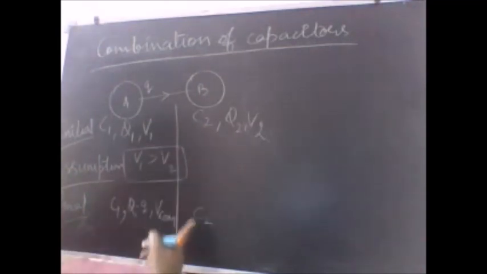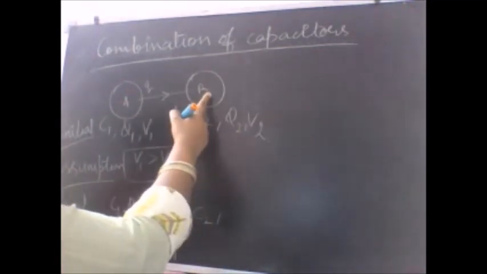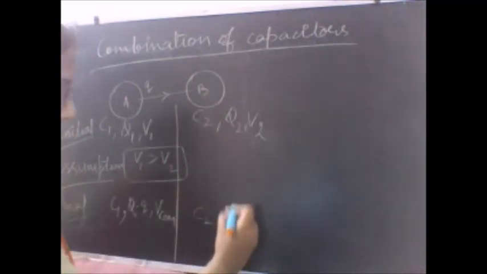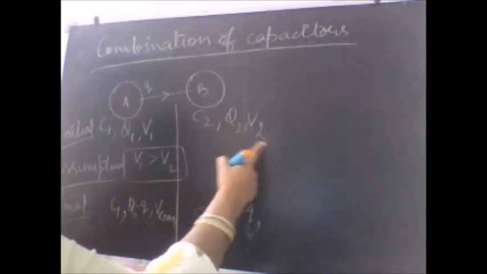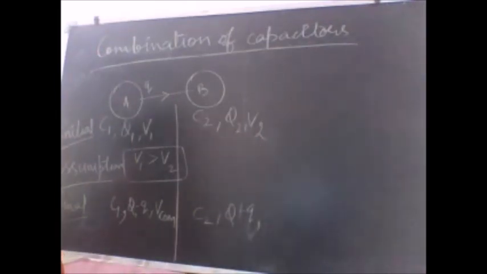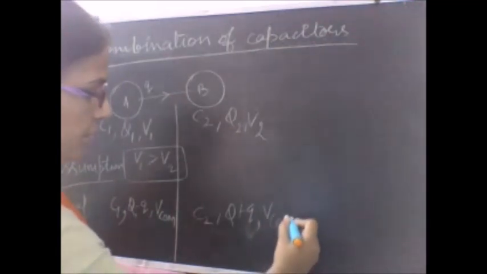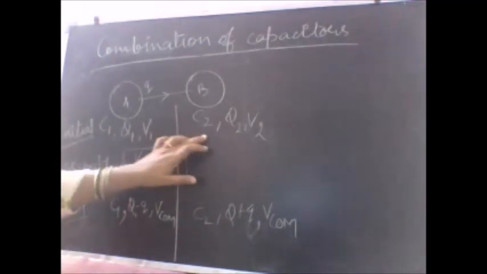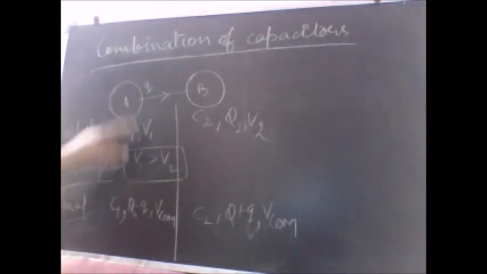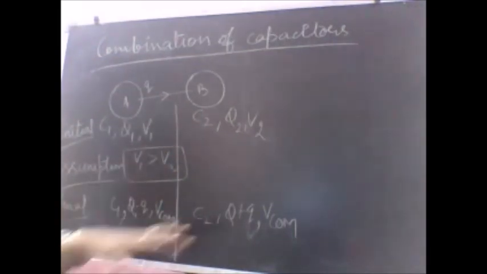The capacitance remains the same. Charge, it has gained a small amount of charge from the sphere A, so the total charge becomes Q2 plus small q. What about the potential? It will acquire a common potential. The potential of A and B should remain the same. So the initial parameters given to you, we have assumed that the potential of A is more than that of potential of B, and this becomes the final configuration.